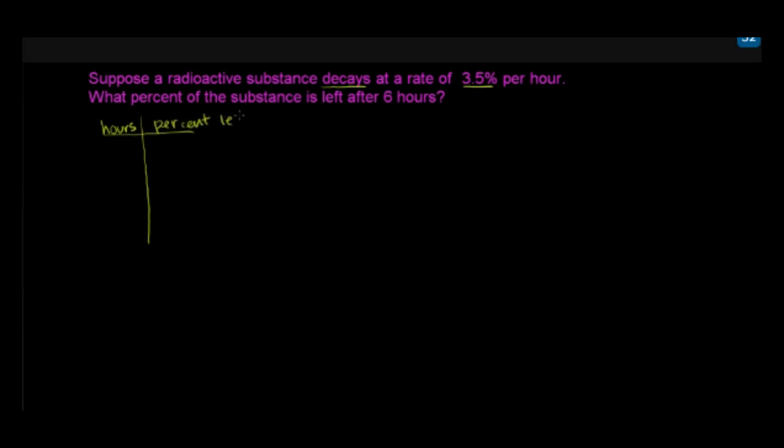Percent left. So after 0 hours, what percent is left? Well, it hasn't decayed yet, so we have 100% left. After 1 hour, what's happened? Well, it decays at a rate of 3.5% per hour. So 3.5% is gone. Or remember, if you take 100% minus 3.5%, you get 96.5%, or 0.965.